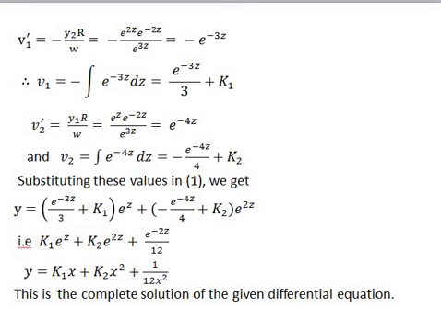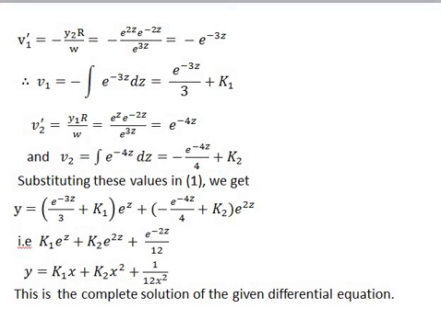That is k1 e to the power of z plus k2 e to the power of 2z, plus e to the power of minus 3z divided by 3 multiplied by e power z, minus e to the power of minus 4z divided by 4 multiplied by e power 2z, and taking LCM we get e power minus 2z divided by 12. Here we take e power z is equal to x.